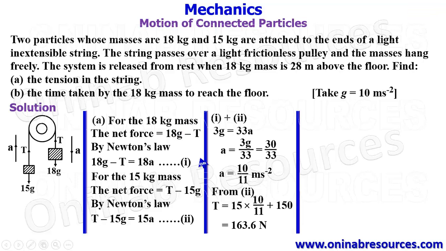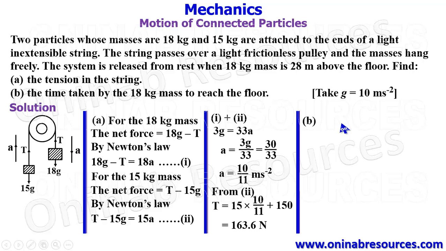For the B part, we have to find the time taken by the 18 kilogram mass to reach the floor. Remember, the 18 kilogram mass is 28 meters above the floor, which means it is going to cover a distance of 28 meters to reach the floor.